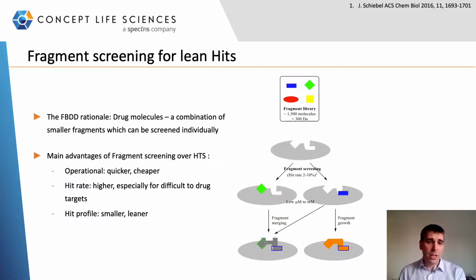In terms of hit rates, the hit rate is orders of magnitude higher in fragment screening than it is for high-throughput screening, and that's essentially associated with the efficient sampling of the chemical universe when screening much smaller molecules. And fragment screening has been a successful approach for a range of difficult to drug targets.